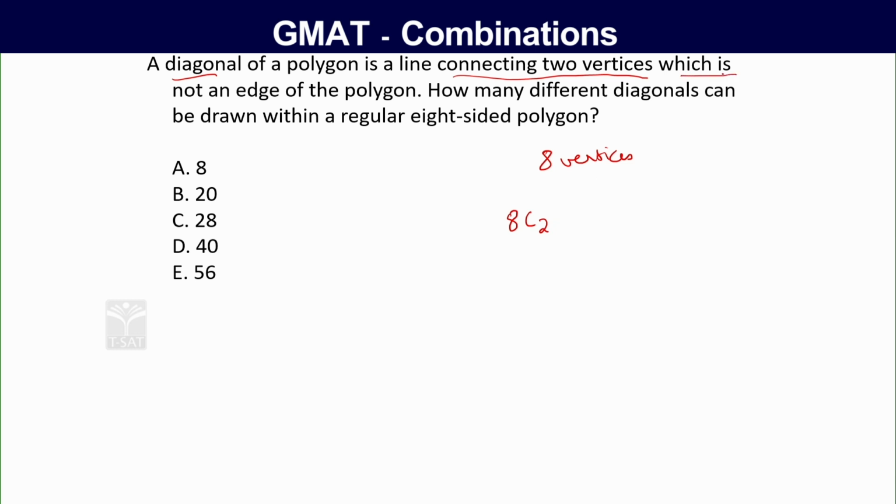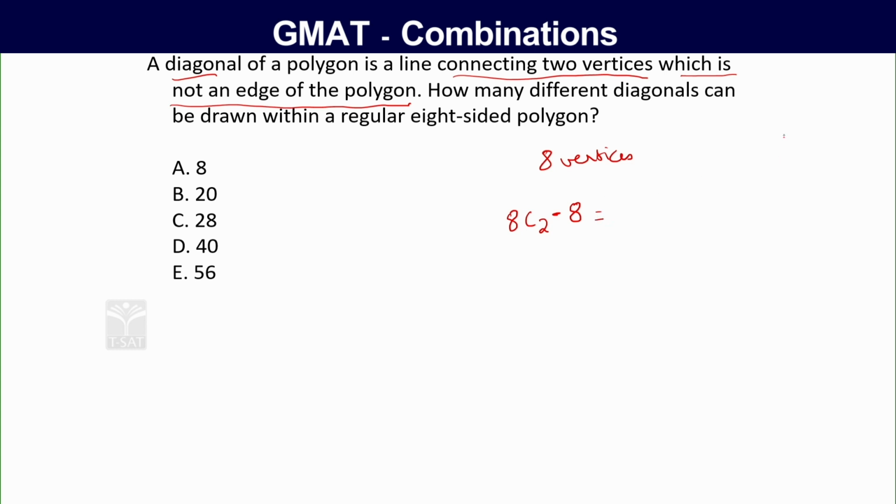Now, it is also given that it is not an edge of the polygon. We have 8 edges, correct, 8 sides. So, we have to subtract 8. We do not want to count the sides or the edges, for they are not the diagonals. Okay.